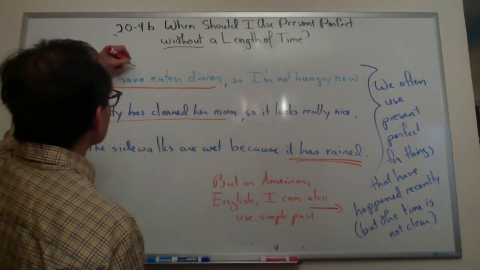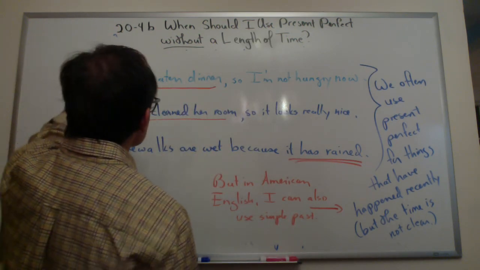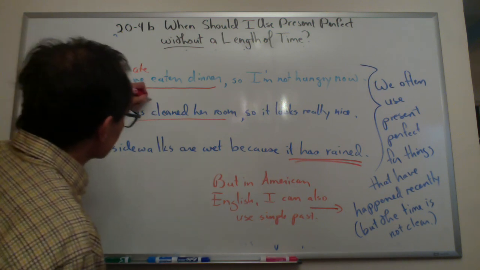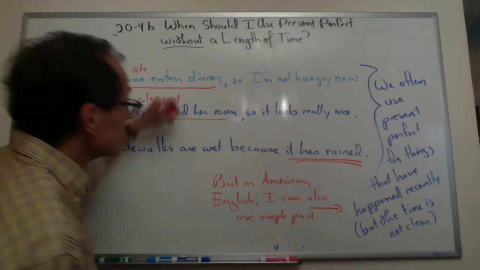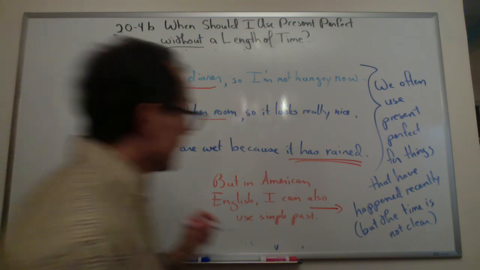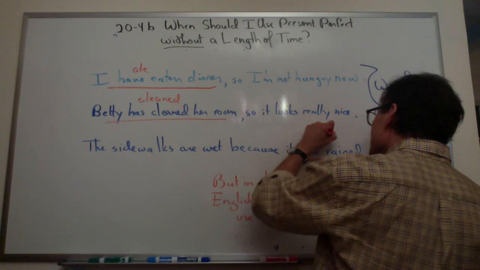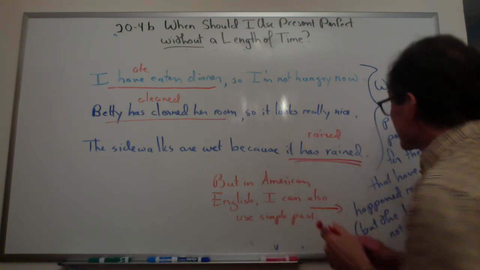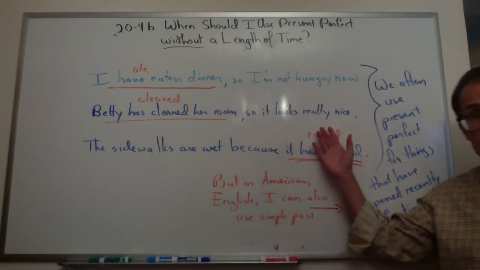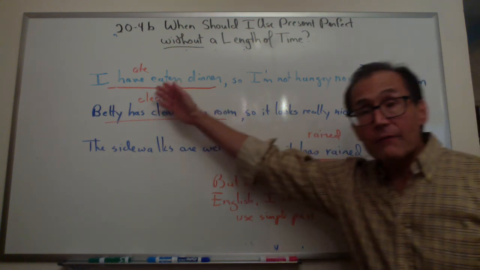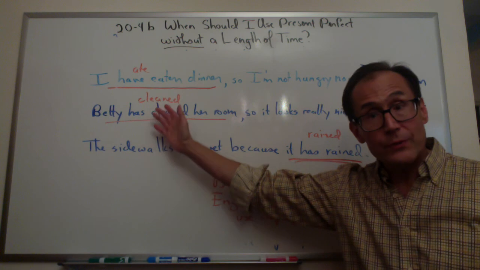So I could say, I ate dinner, so I'm not hungry now. I could also say Betty cleaned her room in American English, so it looks really nice. I could say the sidewalks are wet because it rained. And so for these things that happened recently, very often I can use simple past.